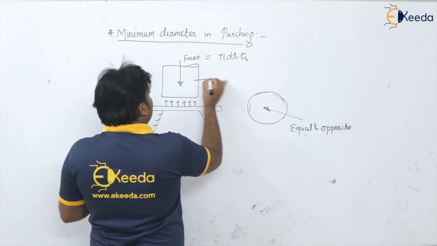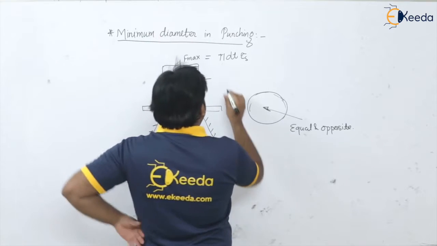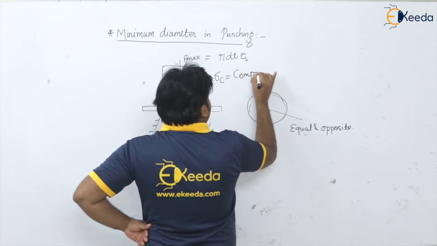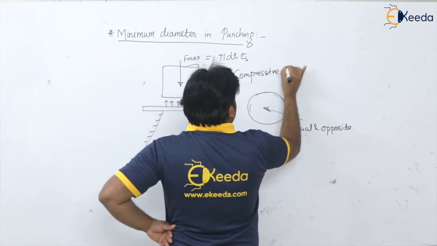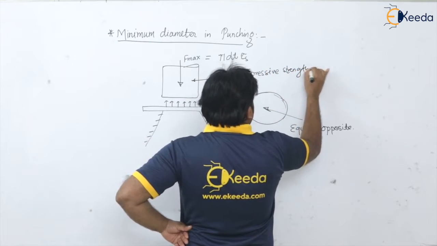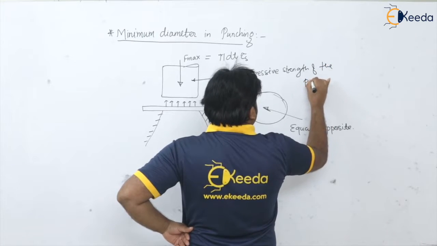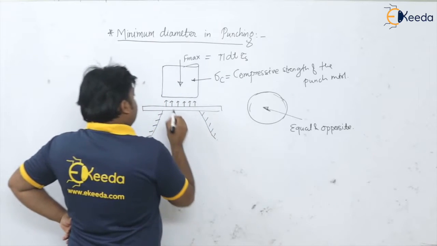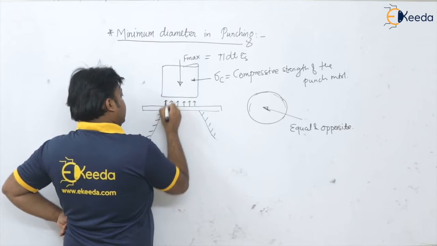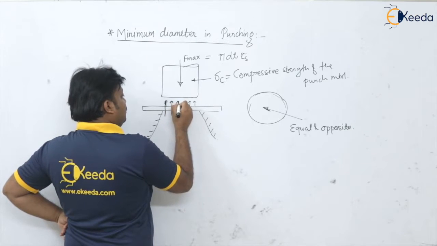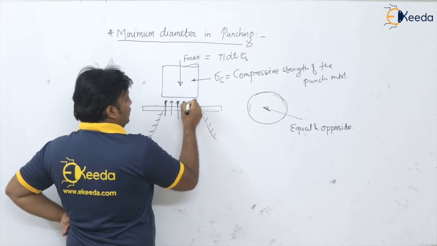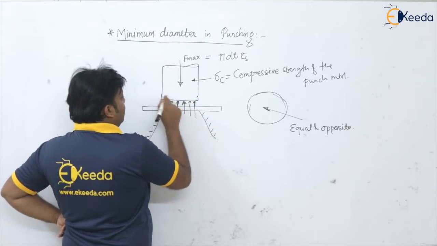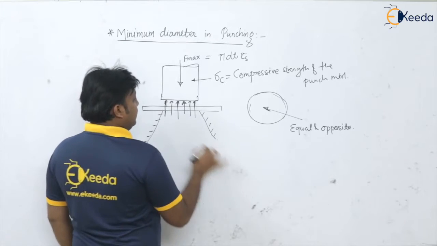And if we have the sigma c as a compressive strength of the punch material, now this is equal to what? The sigma c, that is allowable compressive strength or allowable compressive stress, which is going to act at this bottom of the punch. Okay, so how can it be calculated?